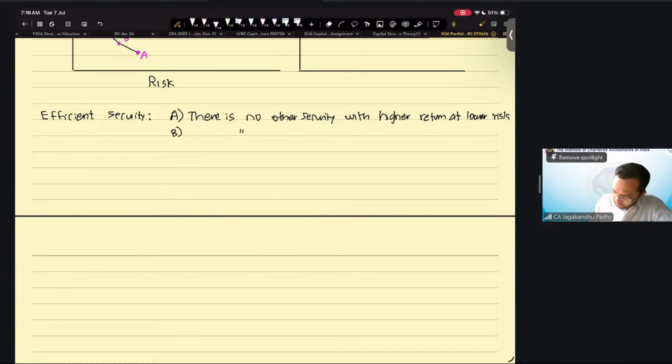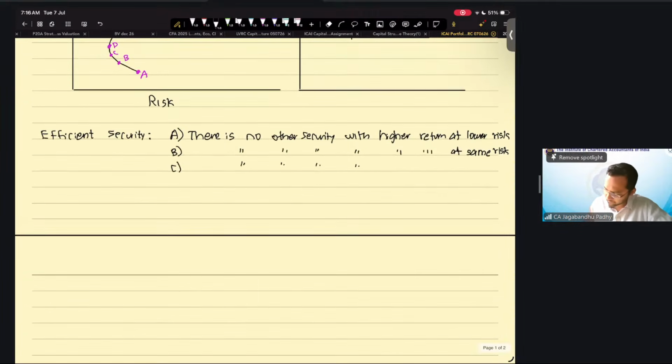Second, there is no other security with higher return at the same risk. Third, there is no other security with the same return at lower risk.